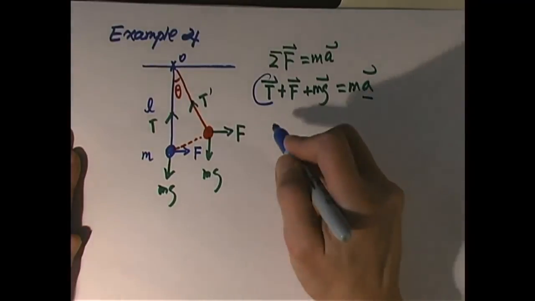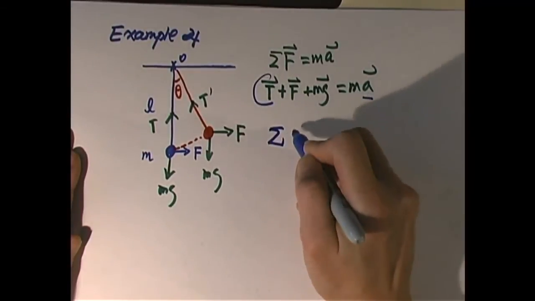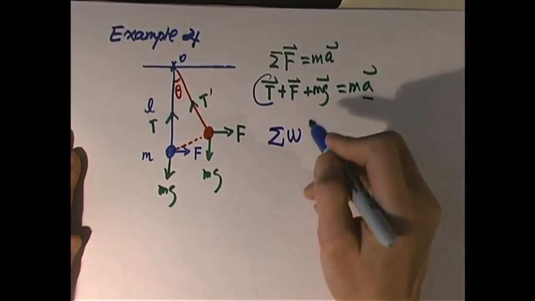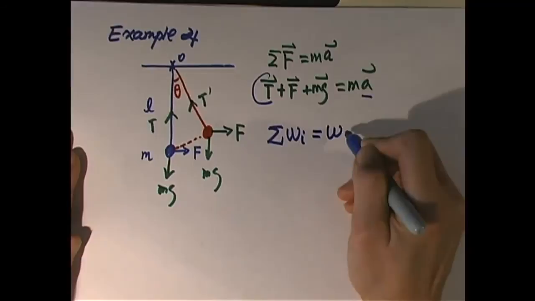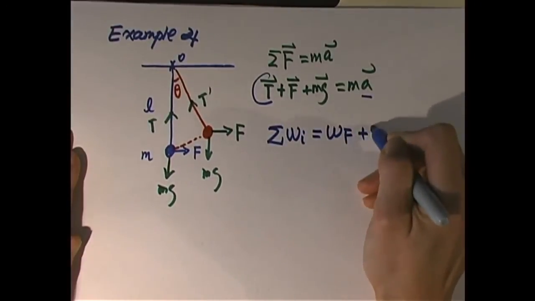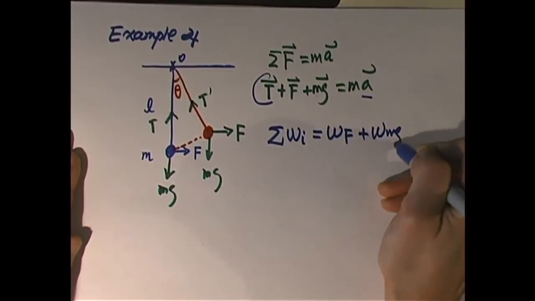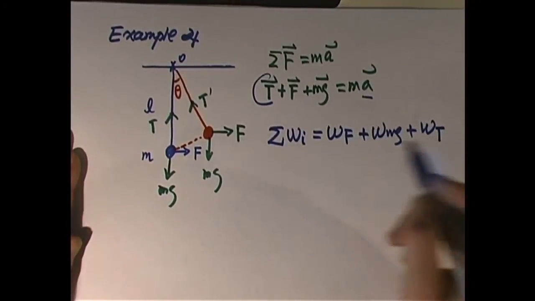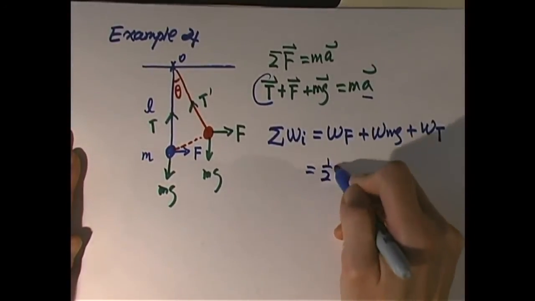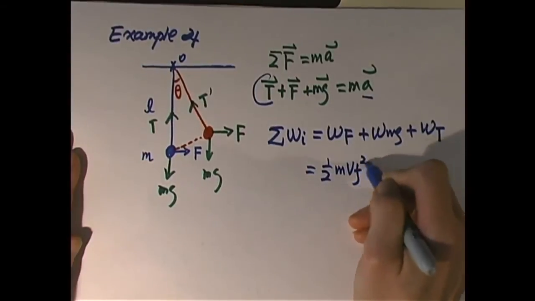We have to use the chapter 7 technique, which is work done by how many forces? Well, we just add all the work done. That is work done by F plus work done by mg plus work done by that tension T equals the final kinetic energy minus the initial.